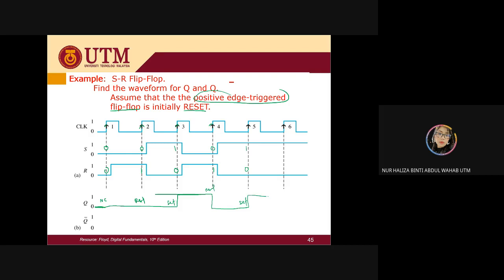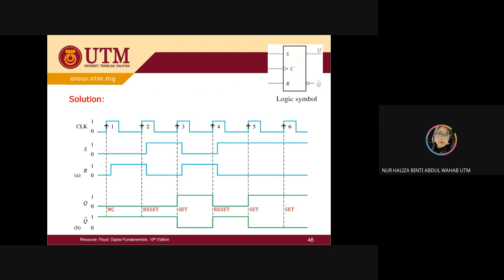I'm going to go up until I meet another positive clock. It will be 1, 0 also, so it will be set. So the Q bar is just a toggle from your Q. It is not too hard. Okay, here is your output.